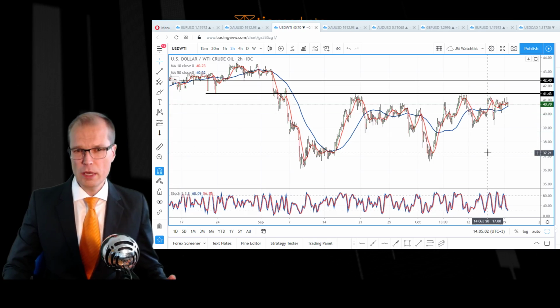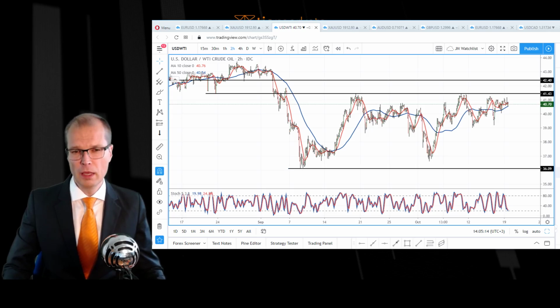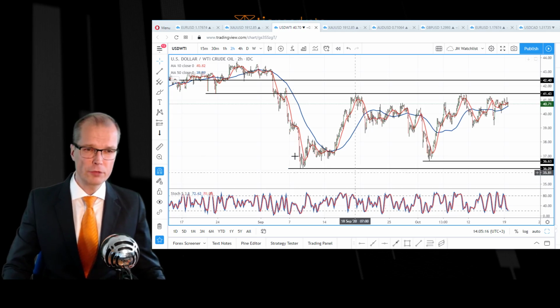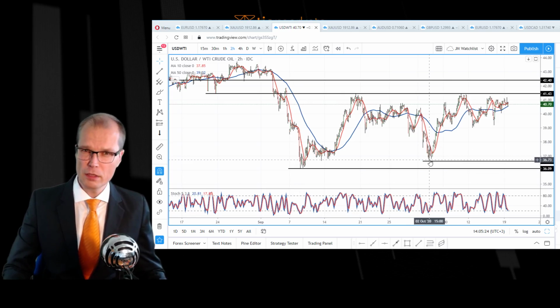But let's see what else we have here. Looking at the supports, we have the 36.09 level, which is obviously a key support, but quite far from the current levels. After this level was put in place on 8 September, there was another in the beginning of October, a bit higher than the previous.